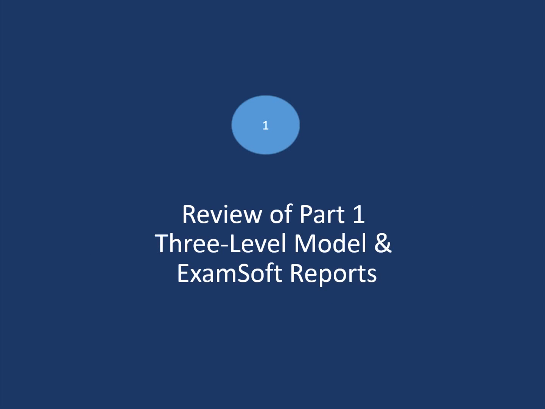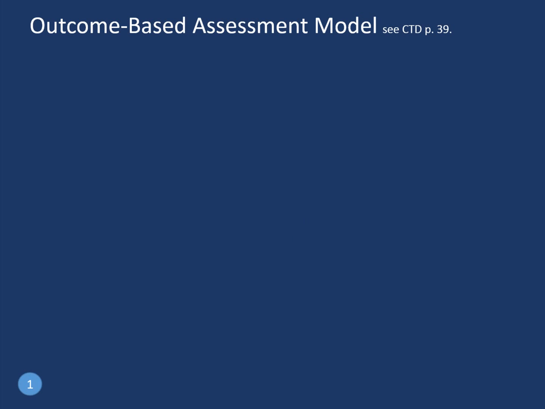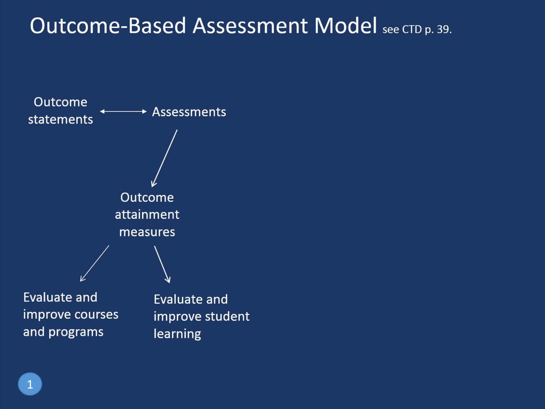So that said, I'm going to go through a quick review of what we talked about last week. And so if you recall, our outcome-based assessment model is not anything that should be foreign to any of you.